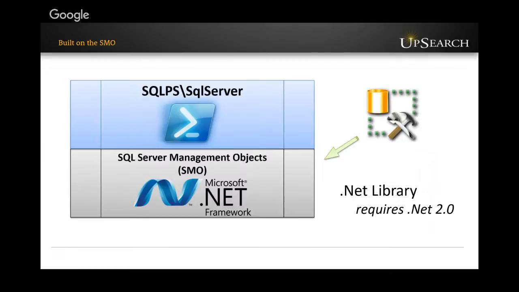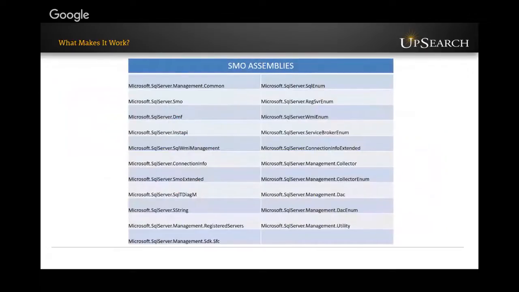One thing I put in here just occasionally to mention to people: if you're using the SMO, it does require the .NET 2.0 libraries, which right now means you have to install .NET Framework Core as a Windows component. Now, when you fire up this module, it loads a bunch of assemblies, and this is a wall of text.